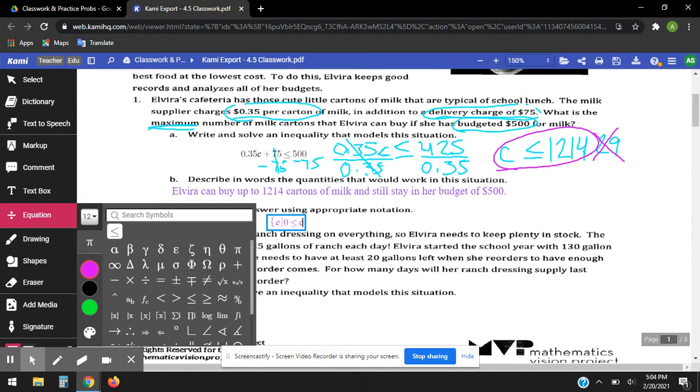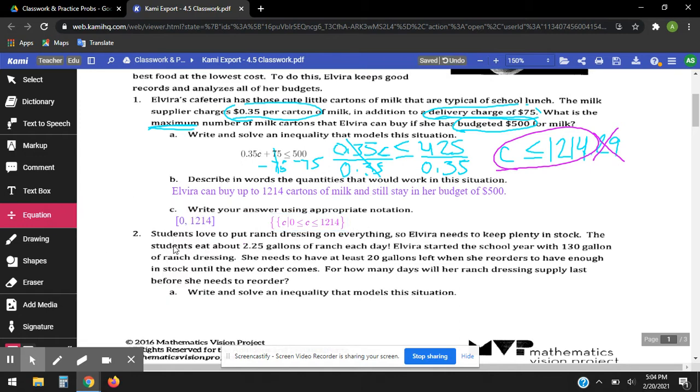C, which has to be less than or equal to 1,214. So that would be our set notation on here. So interval and set. Either one of them, because we're doing all real numbers, works.